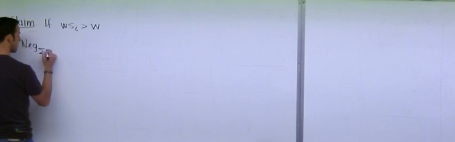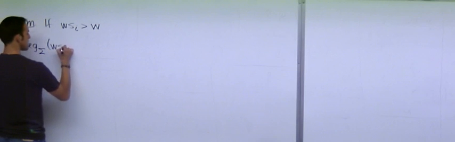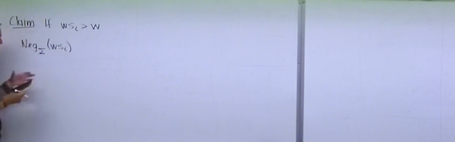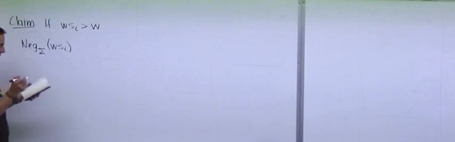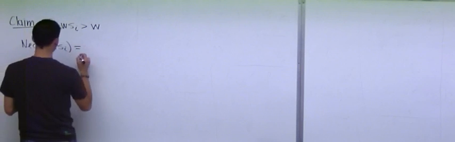I want to describe which ones are the small roots that WSi makes negative. And I told you what the answer to this was.